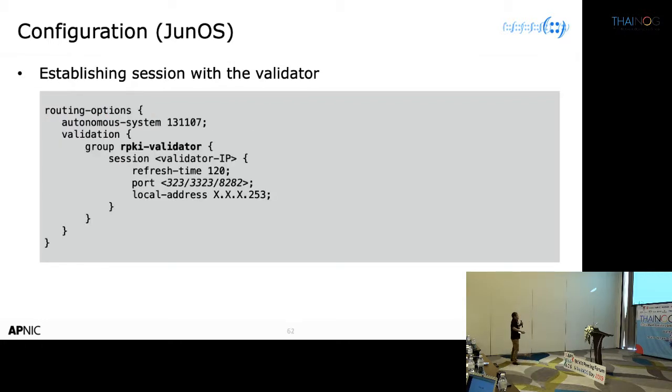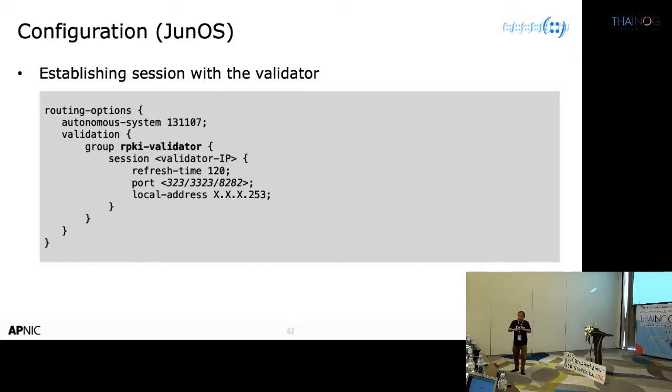For JunOS, specify the validator, give the validator IP. Okay, refresh time for both Cisco and Juniper. This refresh time is for the RTR session between your router and the validator. How often do you want the router to pull the cache from the validator? You need a shorter refresh time, because so many people have not created ROAs at the moment. 80% of the internet does not have ROAs.